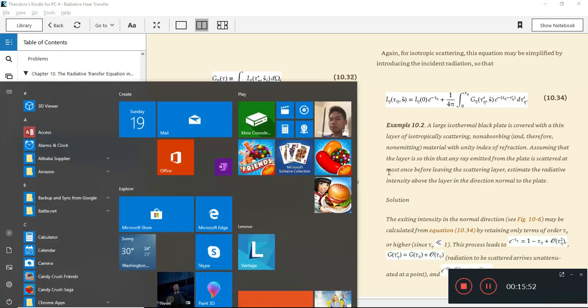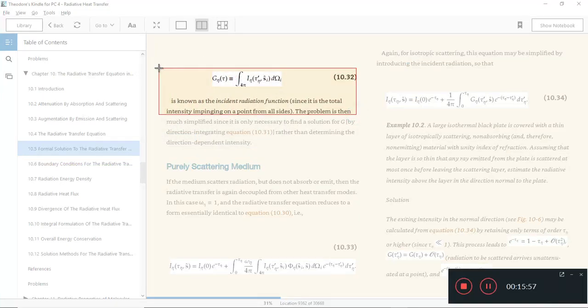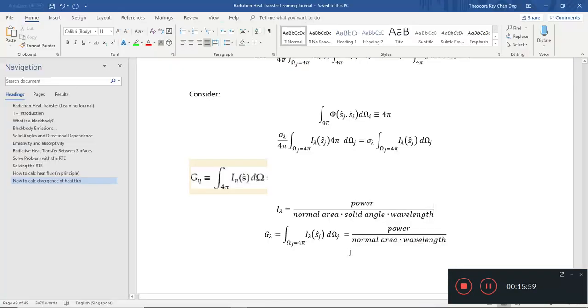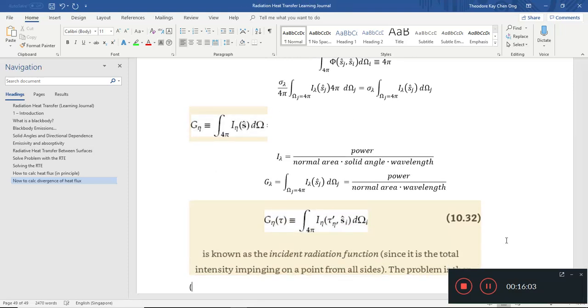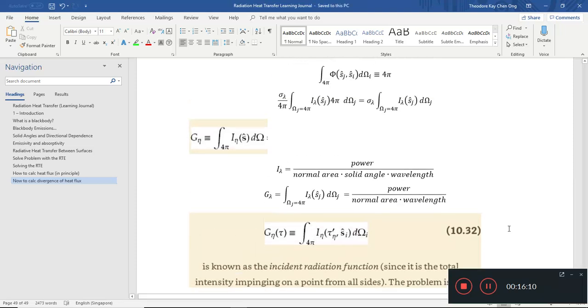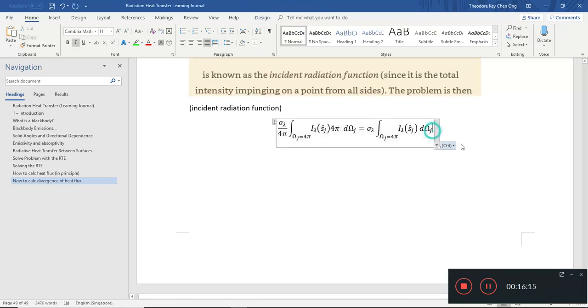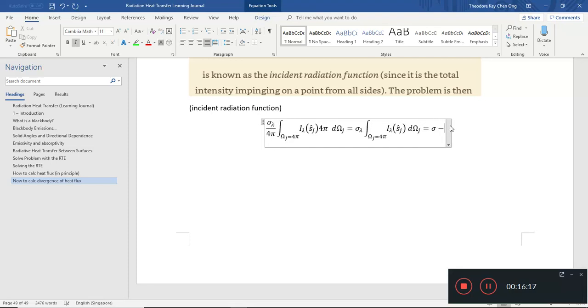So if we replace the integral by G, we will get sigma lambda G lambda.